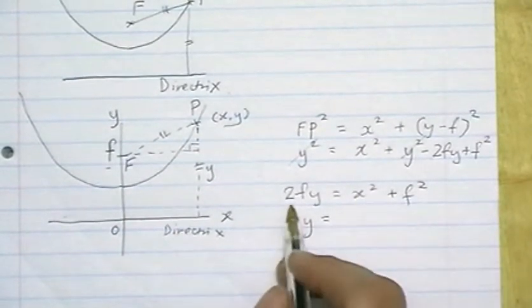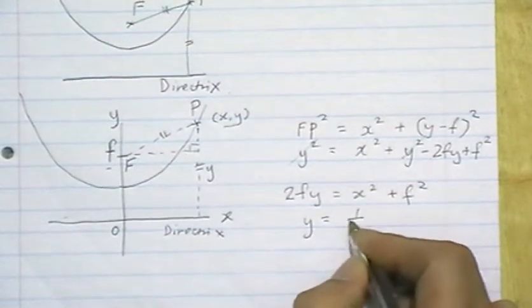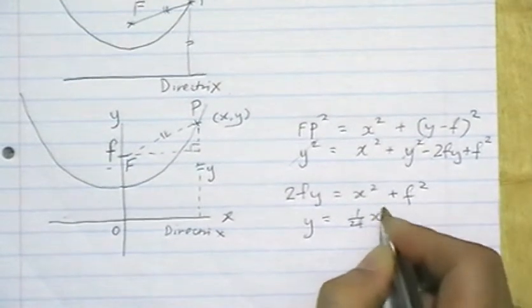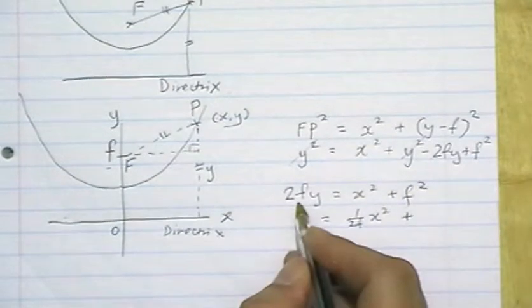Finally, making y the subject, we divide both sides by 2f, and we have 1 over 2f times x squared plus f squared over 2f.